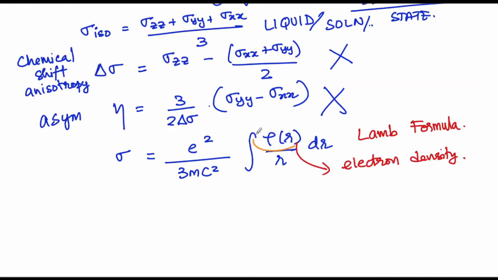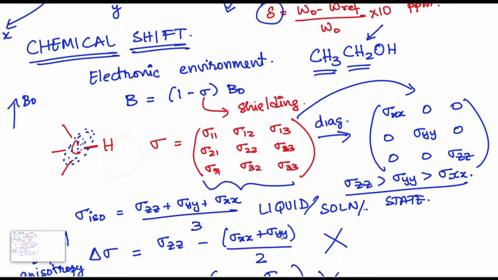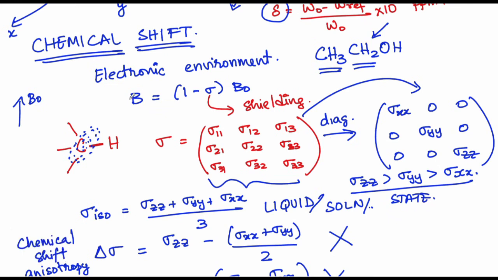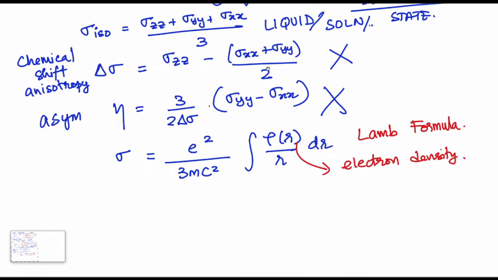Therefore, as the electron density is a function of the atoms that are attached or nearby to the spin that we are observing, the shielding parameter gets perturbed, and if the shielding parameter gets perturbed, then the field that is experienced by the given spin with respect to B0 also gets altered, therefore resulting in a range of chemical shifts for the different spins that are present in your molecule. So I hope this gives a decent enough introduction to chemical shifts.